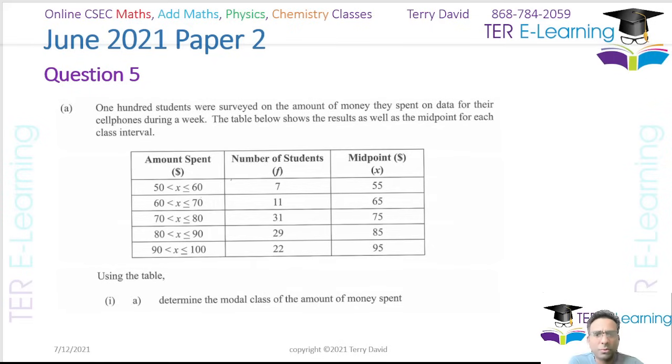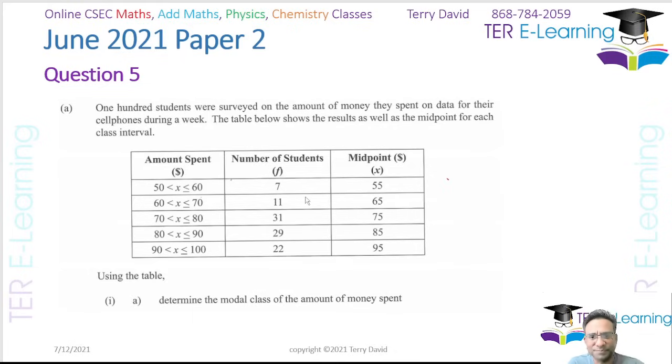All right, so this is question 5, and in this question they said 100 students were surveyed on the amount of money they spent on data for their cell phones during the week. The table below shows the results as well as a midpoint of each class interval. Using the table, determine the modal class of the amount of money spent.